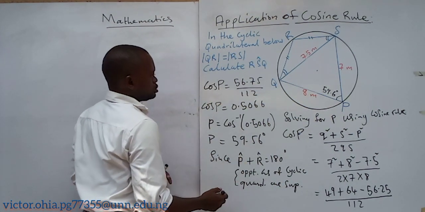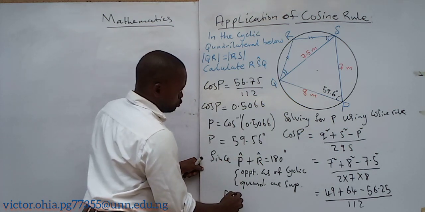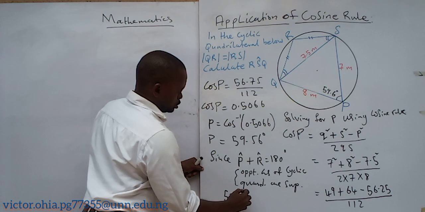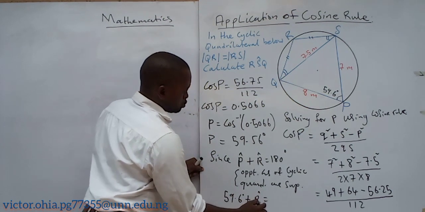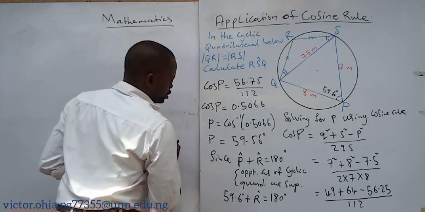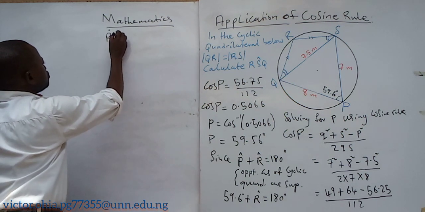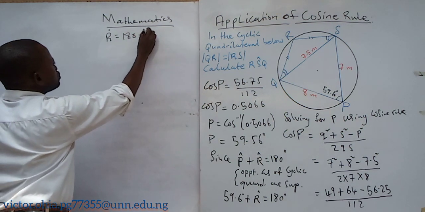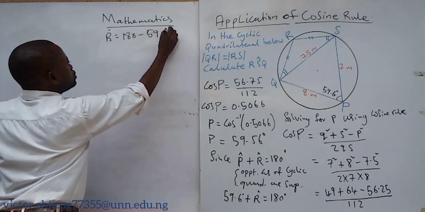Having said this, we will say that 59.6 degrees plus the angle at R is equal to 180 degrees. All right, we can proceed and say, what is R? So R will be equal to 180 minus 59.6 degrees.